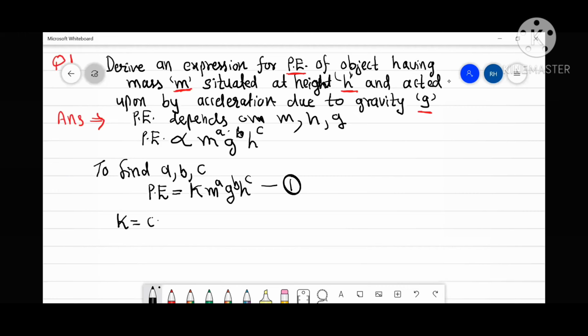K represents the proportionality constant, and it is a dimensionless quantity. Next we are equating the dimensions on both sides.